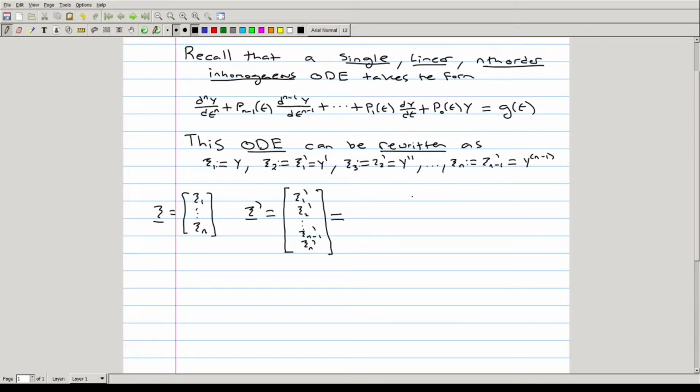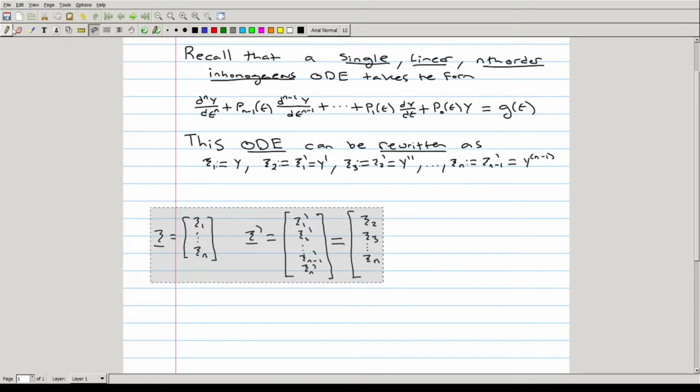And then this is equal to xi_2, xi_3, and so on and so forth, all the way down to xi_n. And then xi_n prime, or y^{(n)}, can be solved for by just using this differential equation.